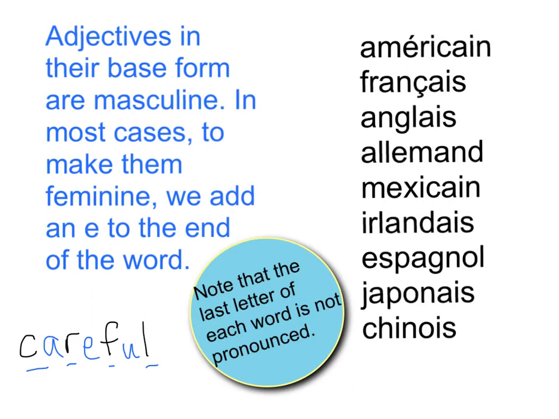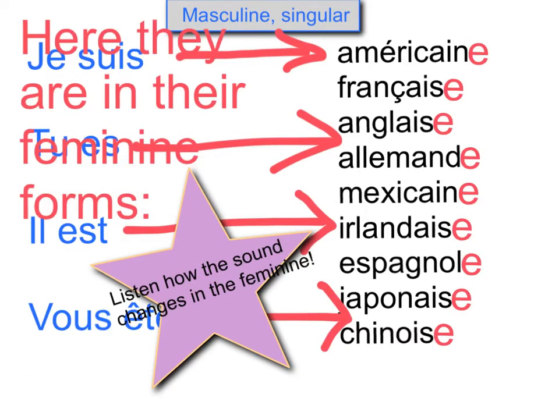Okay? So here we have all of the same words that we just saw, but now we've made them feminine, and we've done so by adding an E to each word. So now listen how the sound changes. Okay?